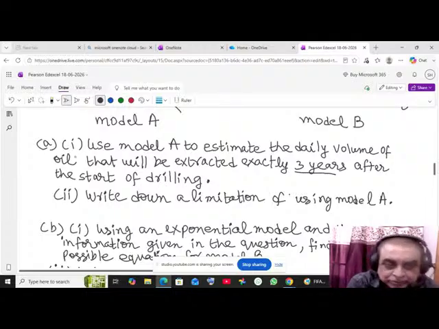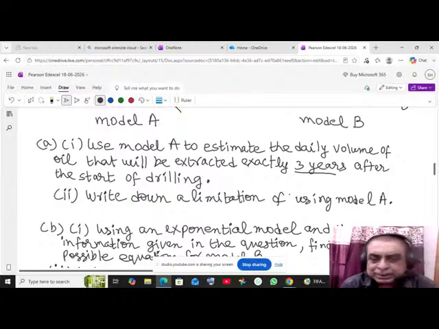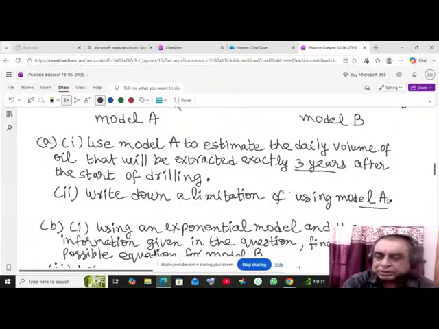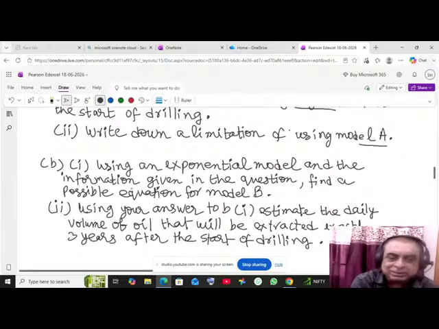So use the first model, model A, and find out how much oil will be taken out per day after 3 years of starting the drilling. And the second part of A: write down a limitation of using model A. What is the limitation of using model A? You have to tell the answer.